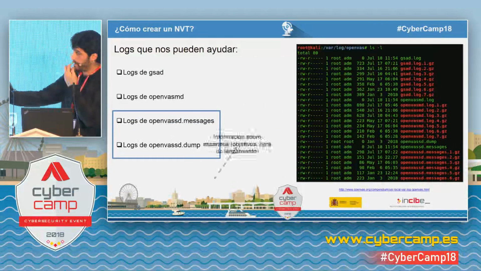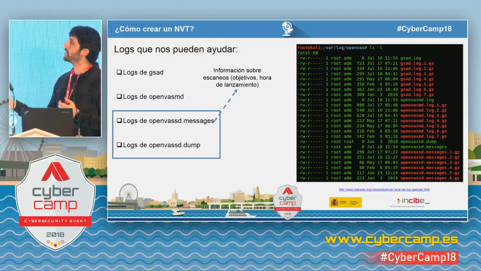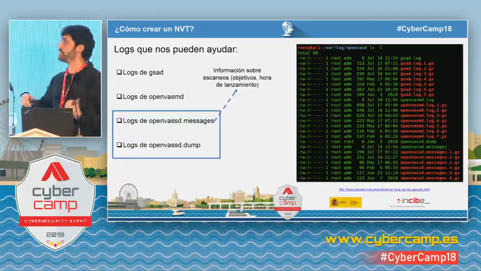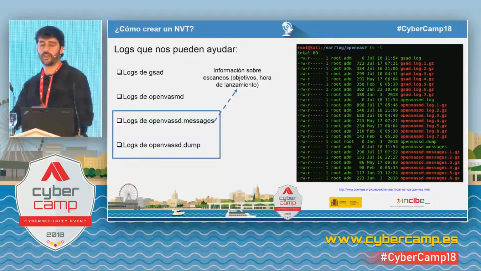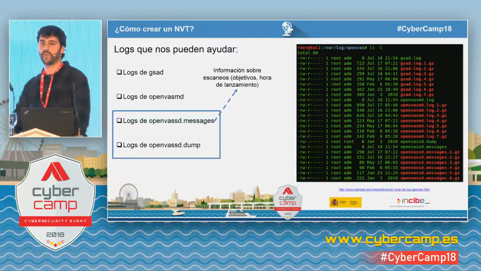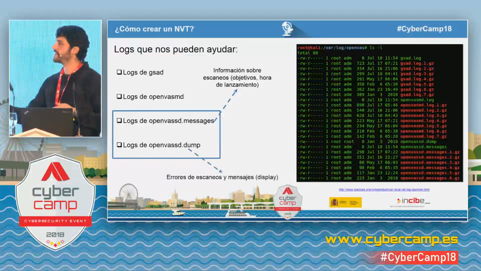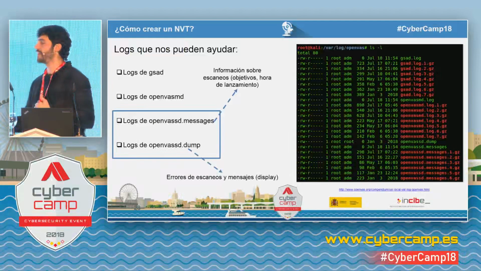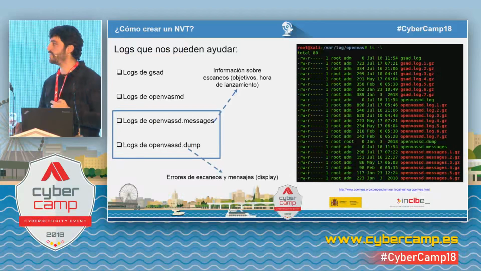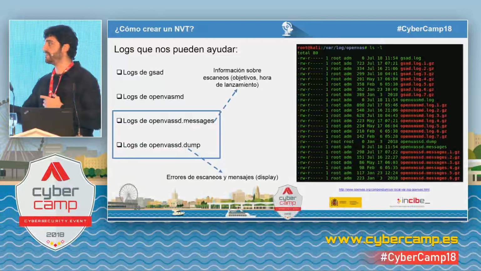So what are helpful logs? Well, these two at the bottom are very helpful, because in OpenVAS the messages will have information about objectives and the time when the NVT was launched, but the most important one will be the OpenVAS dump. Here we will have a log of scanning errors and messages.